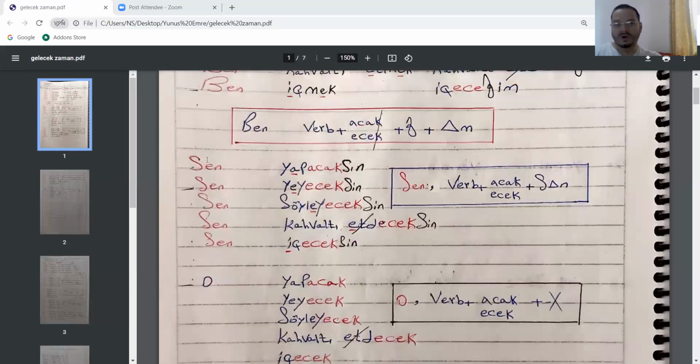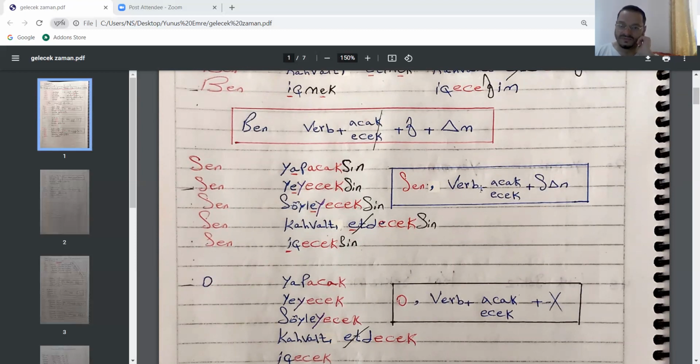Now let's talk about sen, that means you. The same form: verb, basic form, acak, ecek, s delta n. Here it's not necessary to put another y because I don't have a vowel, and it's not necessary to convert k because I don't have a vowel letter after it.